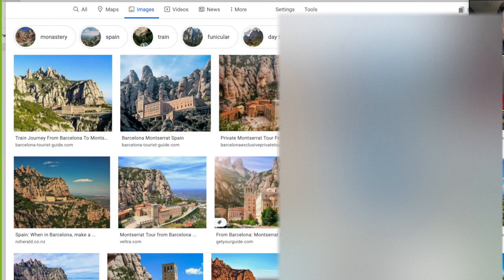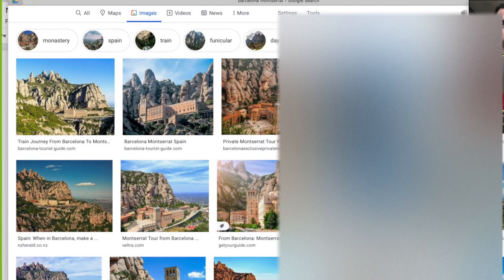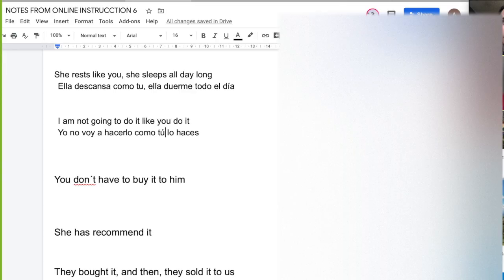Está en España. Bien. Vale. ¿Y por qué conoces Montserrat? ¿Por qué? Conocer. Ah, ok. Conocer is the other word to say to know.